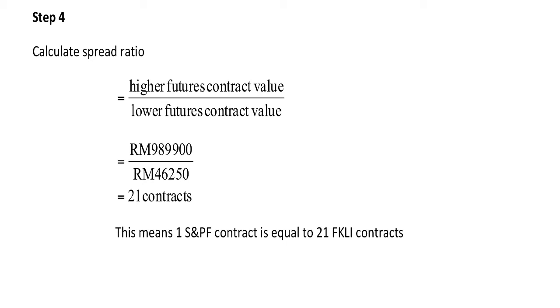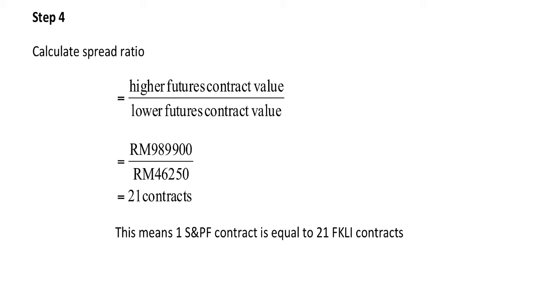Next, you need to calculate the spread ratio. The formula for spread ratio is higher futures contract value divided by lower futures contract value. So we compare the value of S&P and FKLI. S&P is 989,900 ringgit, divided by the FKLI contract value of 46,250 ringgit.